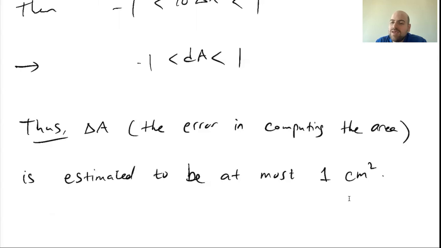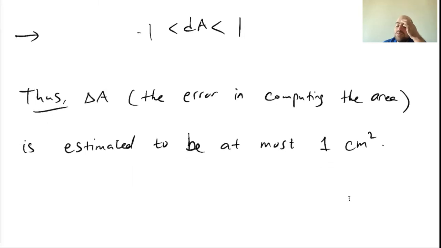So if we make at most 0.1 centimeter error in measuring the length, and if the measured length of the side of the square is 5 centimeter, then under these circumstances, the error in area will be at most 1 centimeter squared. But that's only under this condition. If, for example, the measured length is 6 centimeter, then the error in computing area will, of course, be different.